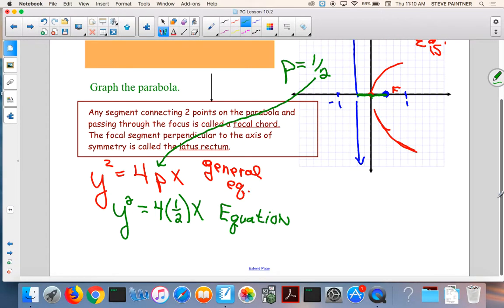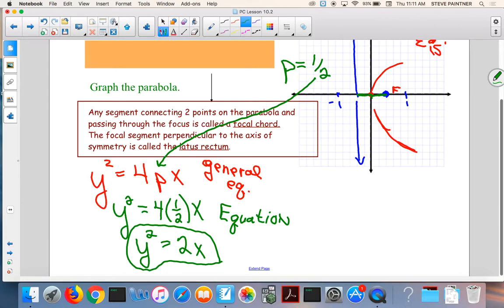Yeah, y squared equals 2x. Okay, there it is. So your job is to write the equation, and it wasn't too bad if you just write the general formula down and then fill in the p-value. Remember, p is the distance between vertex and focus, and vertex and directrix, okay?